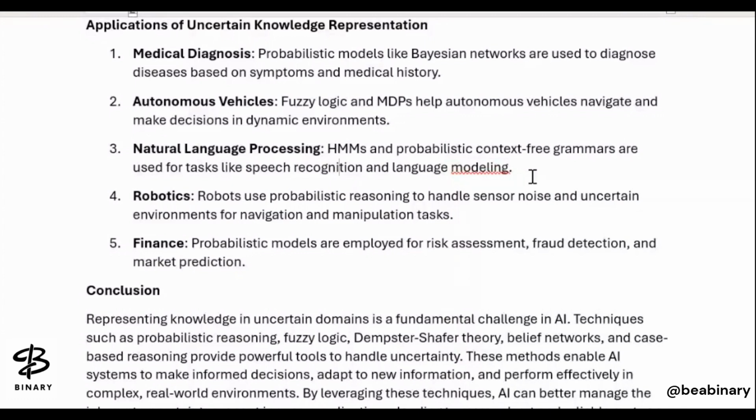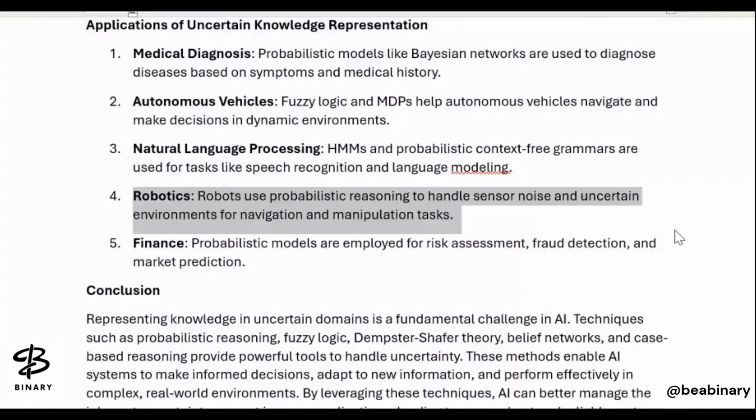What about robotics? Robots use probabilistic reasoning to handle sensor noise and uncertain environments for navigation and manipulation tasks.